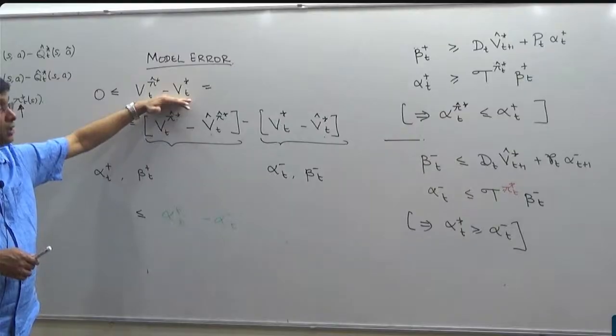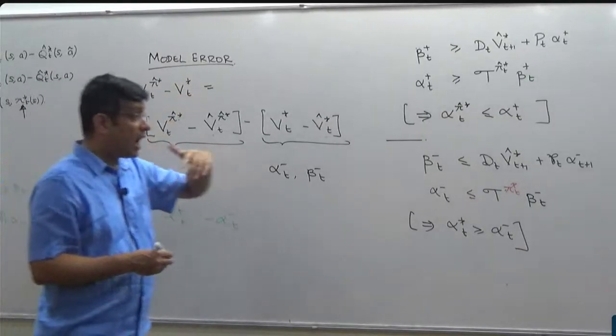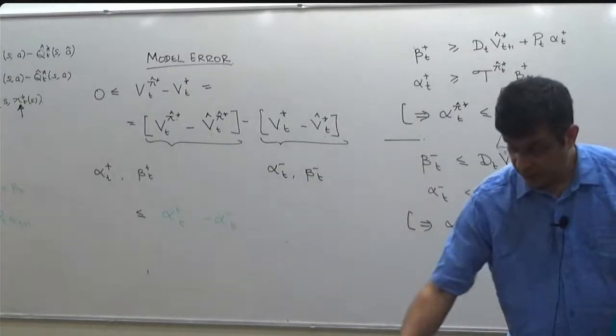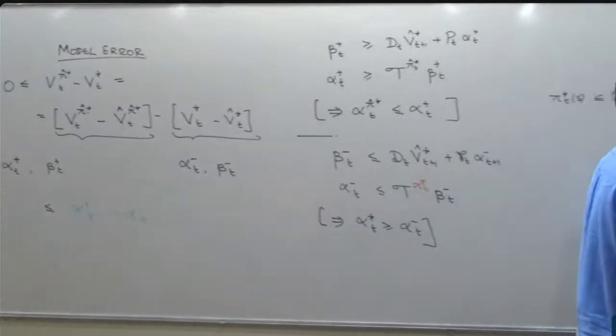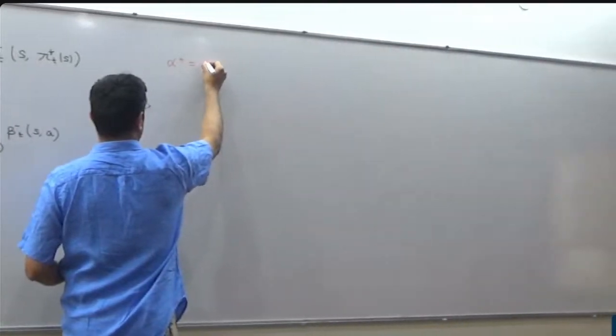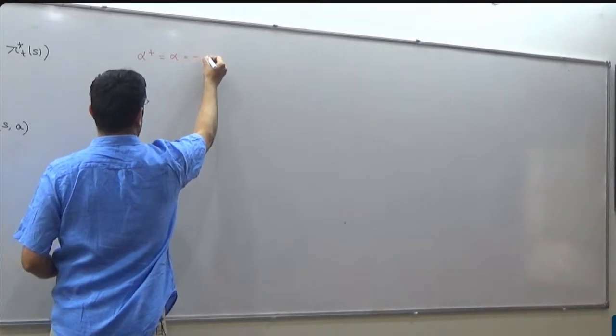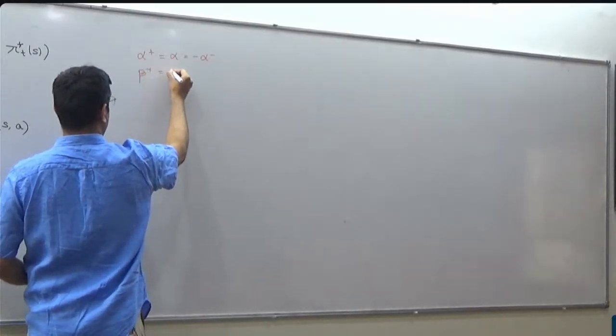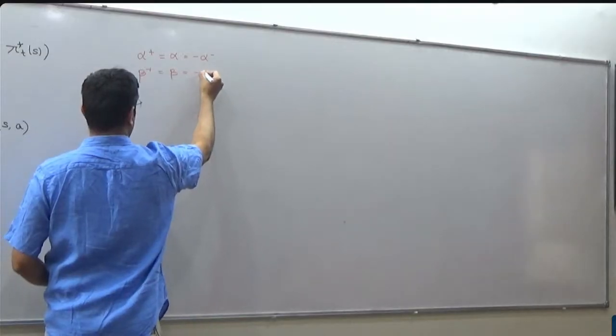Okay. So, I'll try to compute a class of bounds in which, let's say, alpha plus is equal to some alpha, which is equal to minus alpha minus, and beta plus is equal to some beta, which is equal to negative of beta minus.